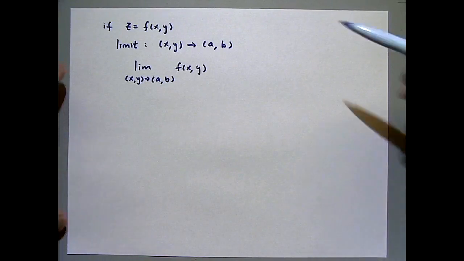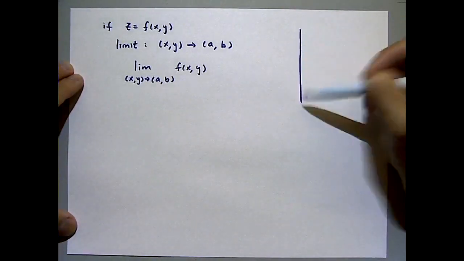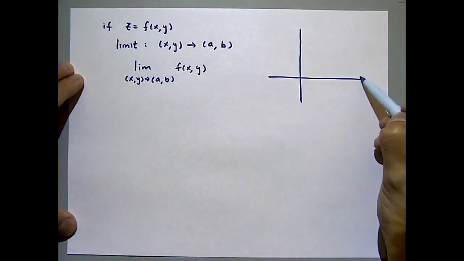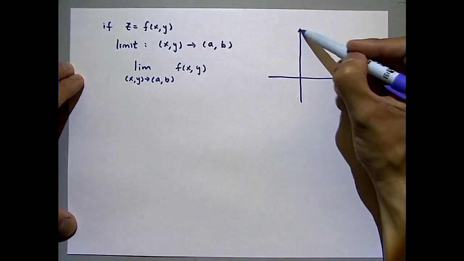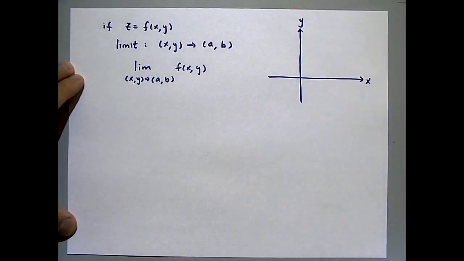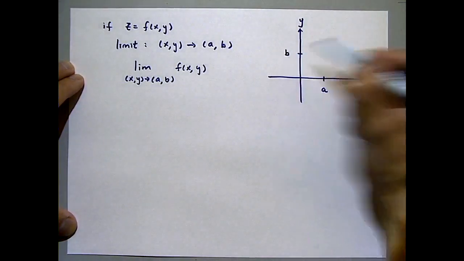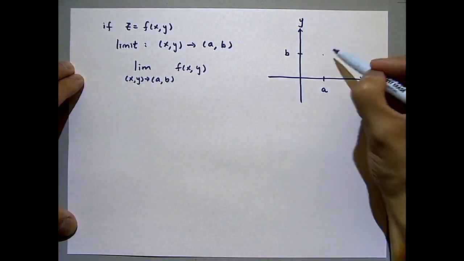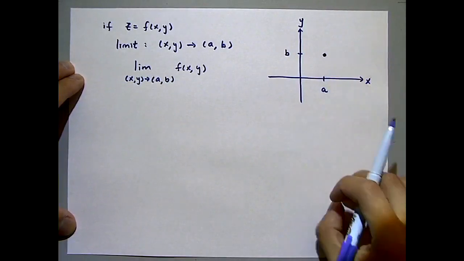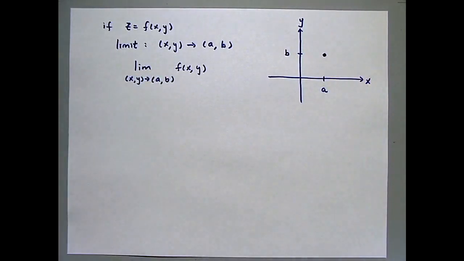So what this means is that if you look at the x and y plane, looking down on the projection of the surface onto the x and y plane, so imagine you got some kind of function that's 3-dimensional, and you want to know the limit at a point.